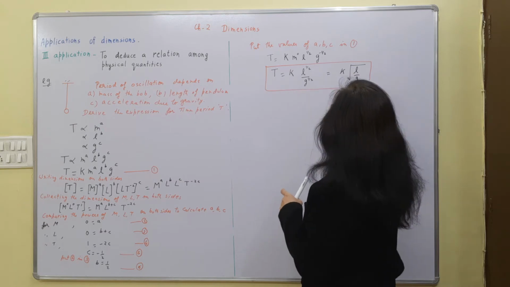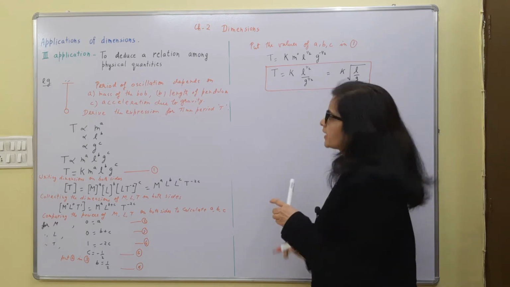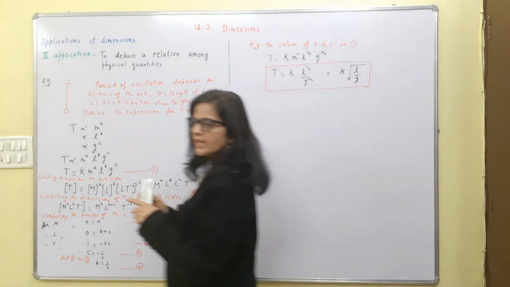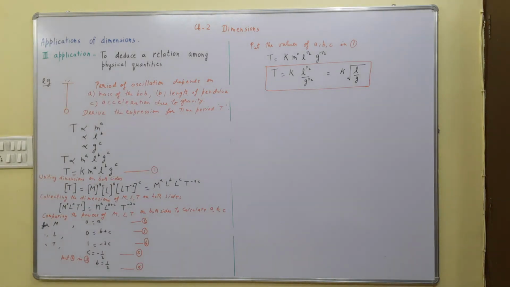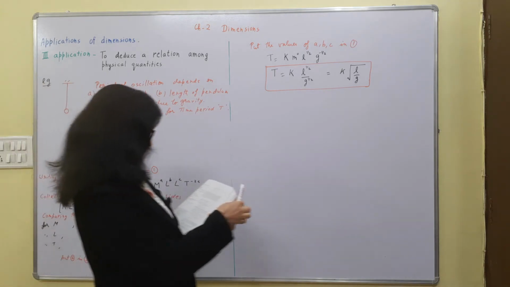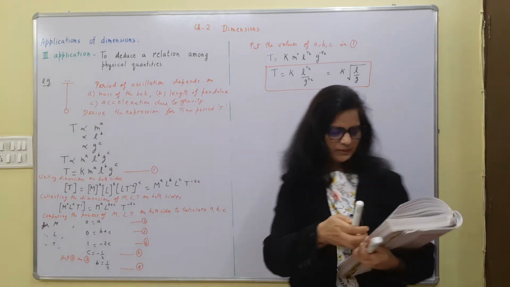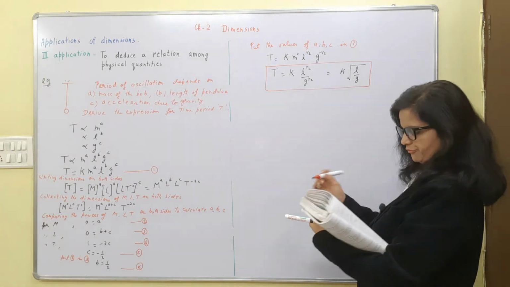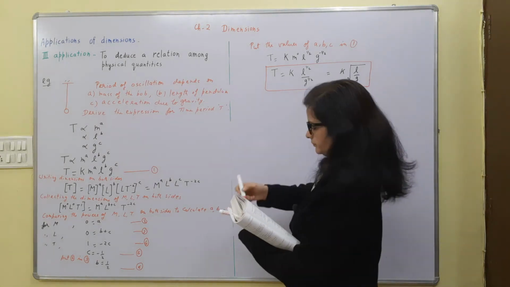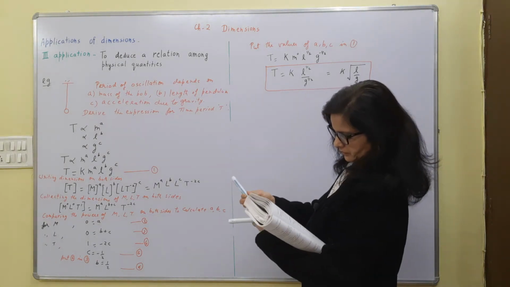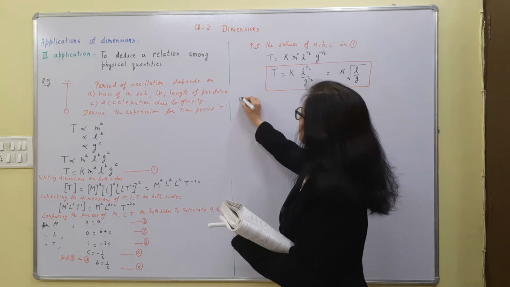So this way you can derive any formula. We'll take one more question here. Derive by the method of dimensions an expression for the volume of a liquid flowing out per second.